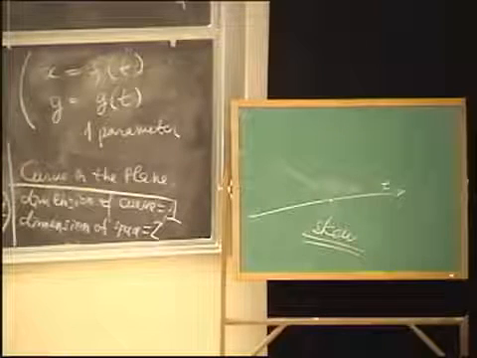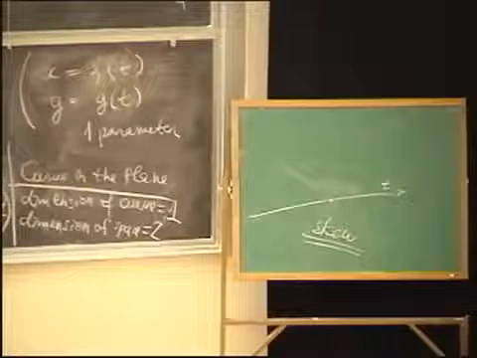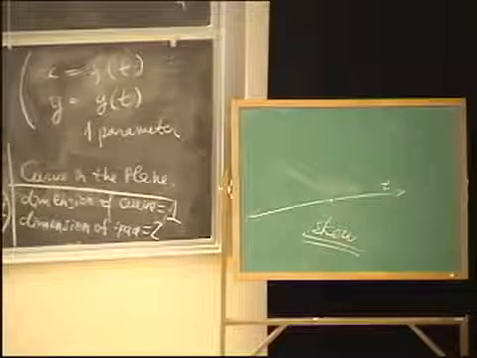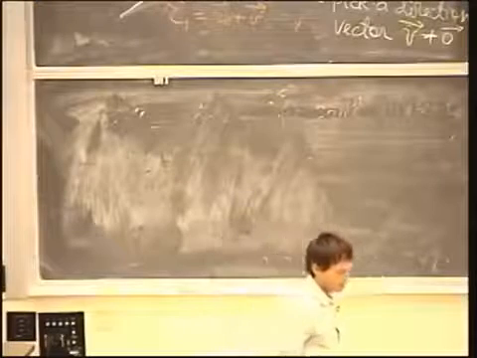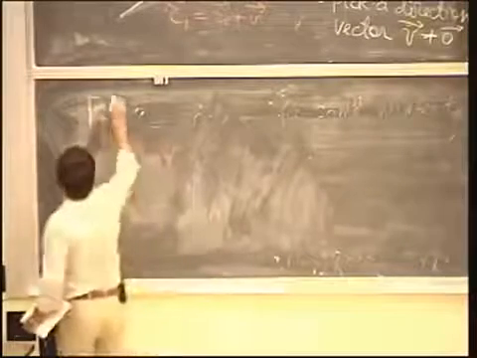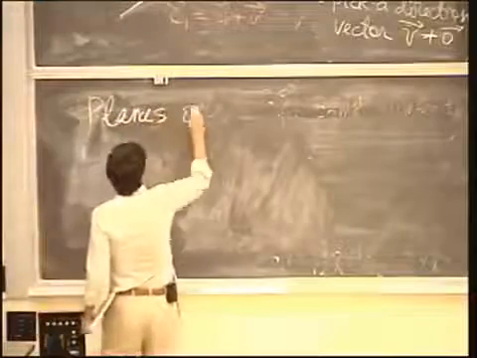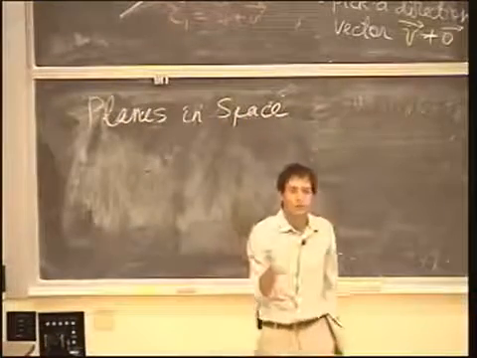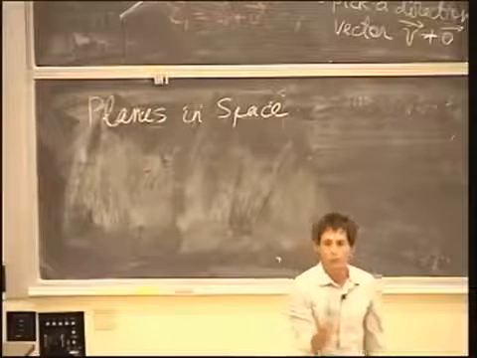OK. So in the remaining minutes, I would like to talk about planes. I talked extensively about lines, but now I want to talk about planes, which means that now these are objects of a different kind, right? Because now these are objects which are two-dimensional.